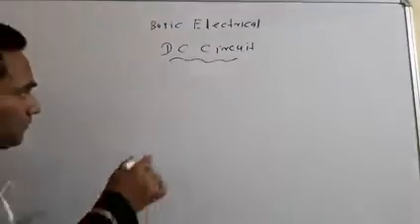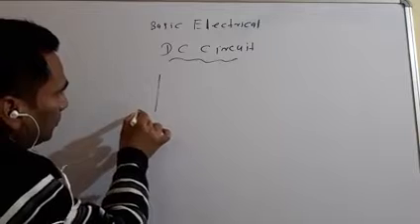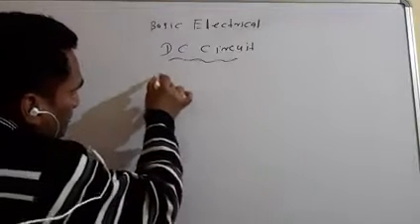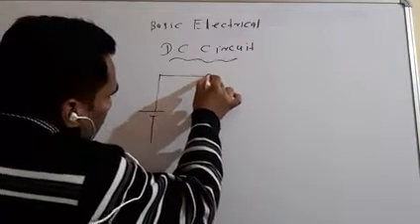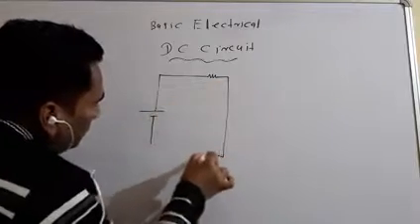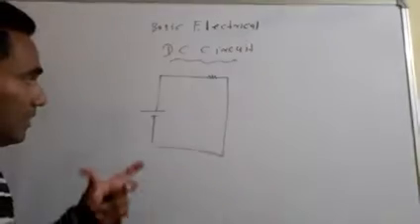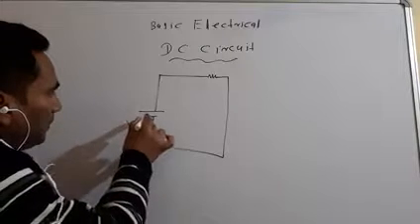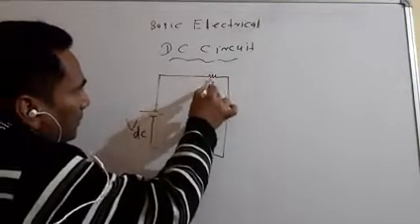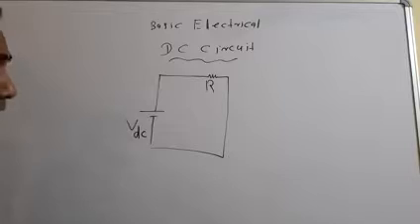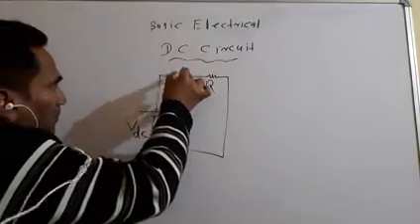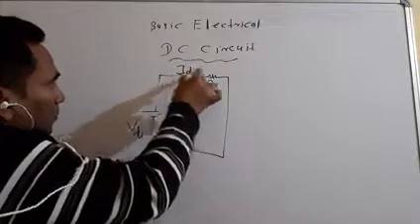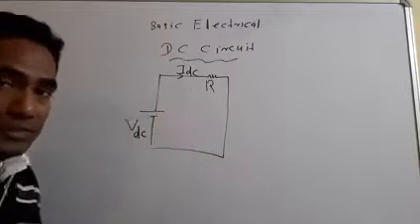For example, I'm going to draw a circuit. This is the example of a DC circuit where a battery is connected here and a resistance is connected here, and a current is flowing through this wire, through this resistor.